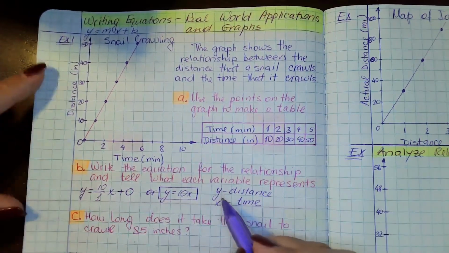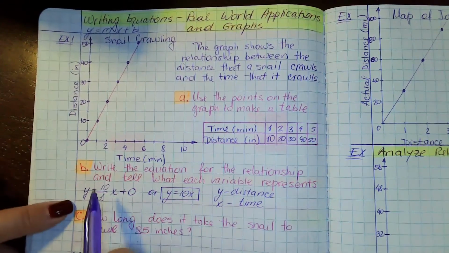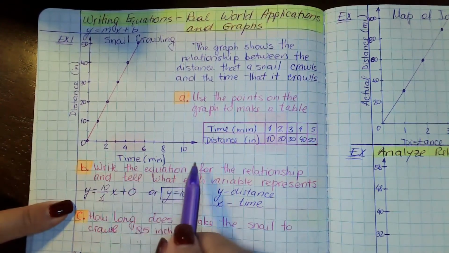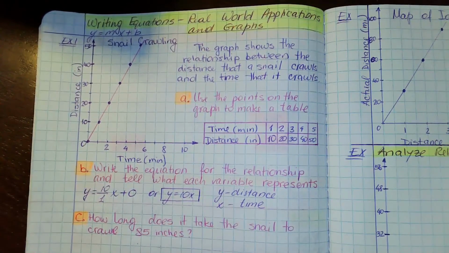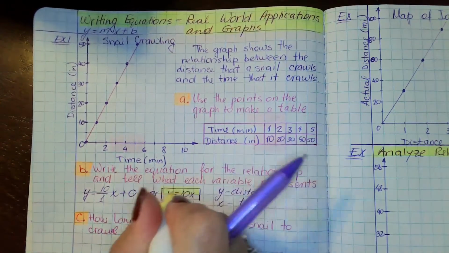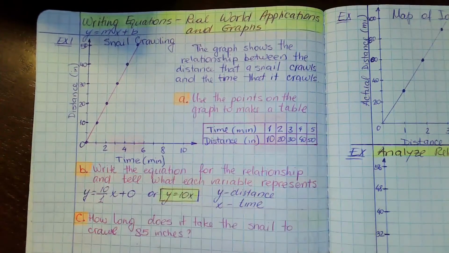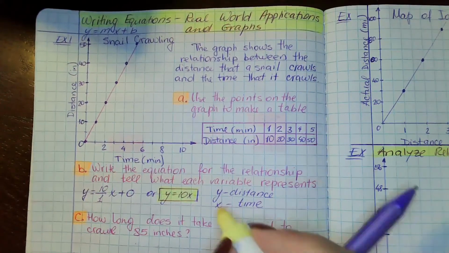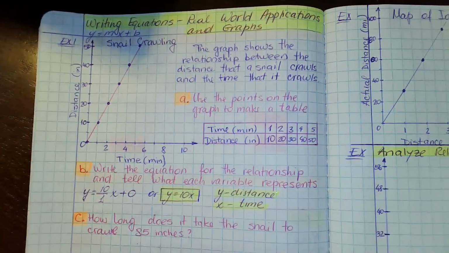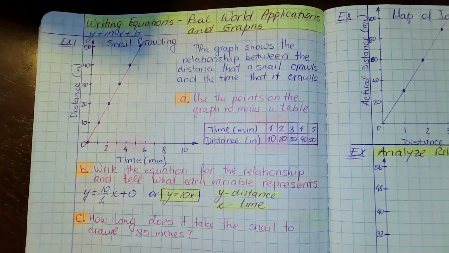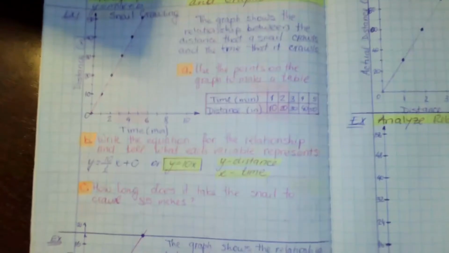So the y is the distance, x is the time. We answered everything. We wrote the equation for the relationship, y equals 10x, and then told what each variable represents. The y is the distance, the x is the time.